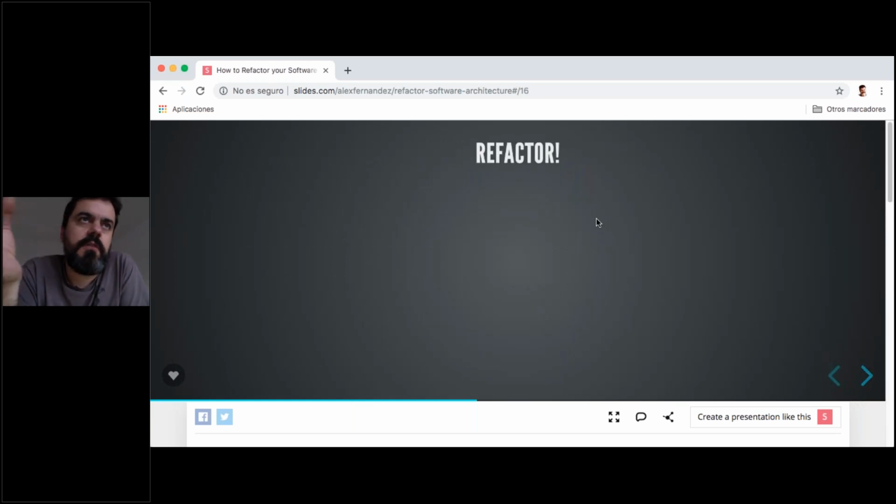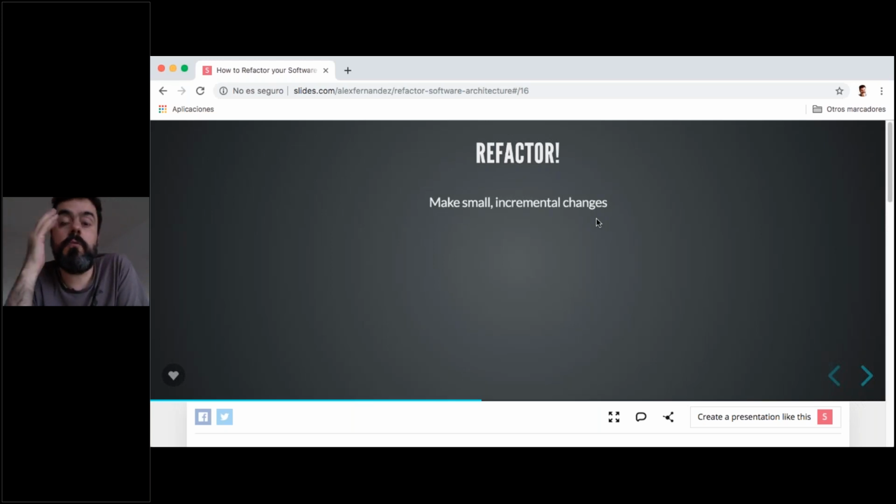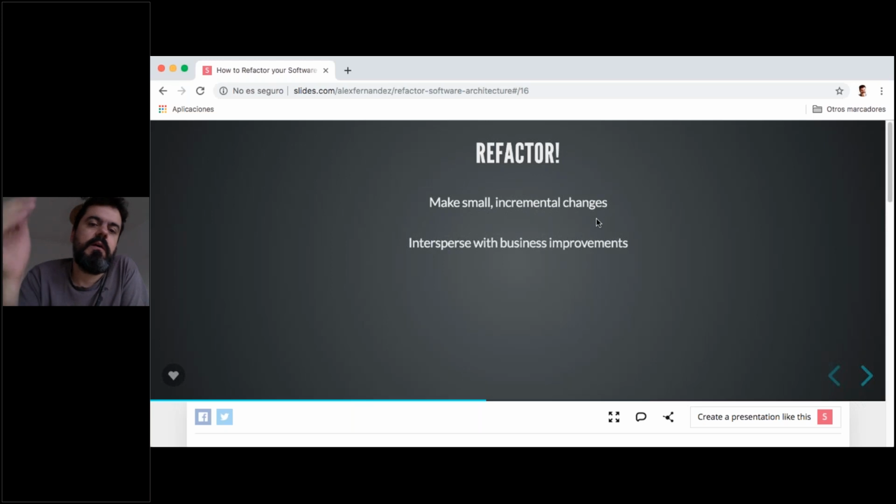Of course, now you have to change your code, so refactor your code, improve upon it, and make small incremental changes all the time, which is the way to get to where you want. But the business people are going to be asking, hey, what about my requirements? I also want improvements.